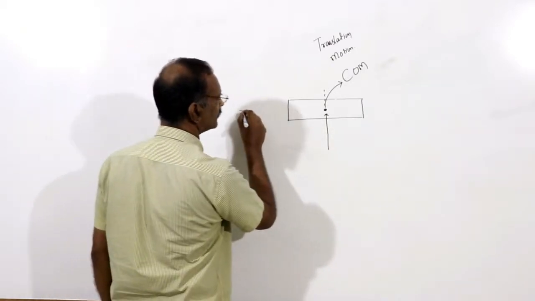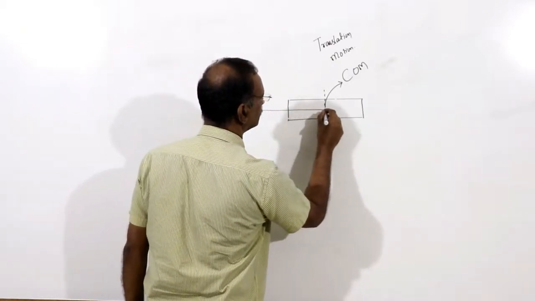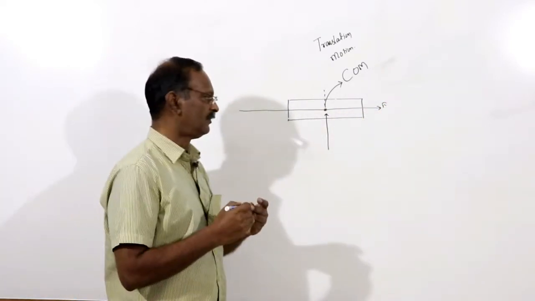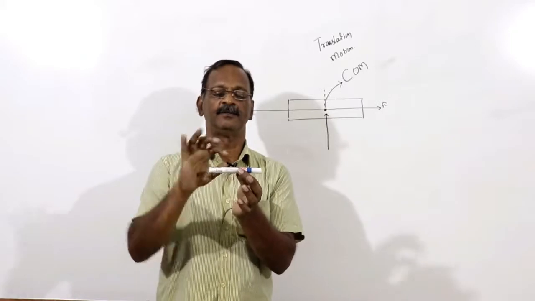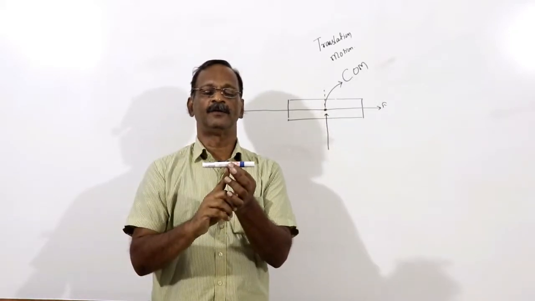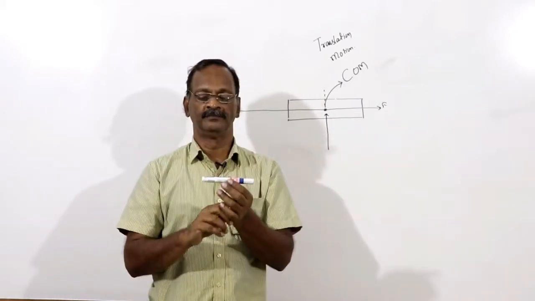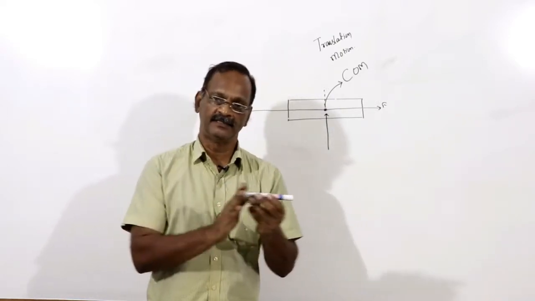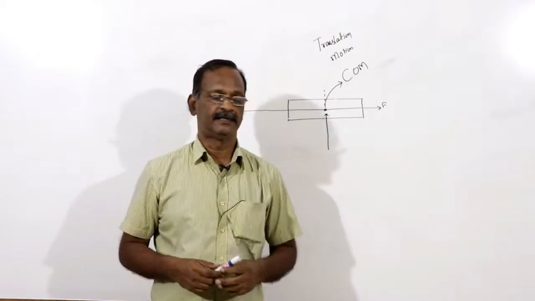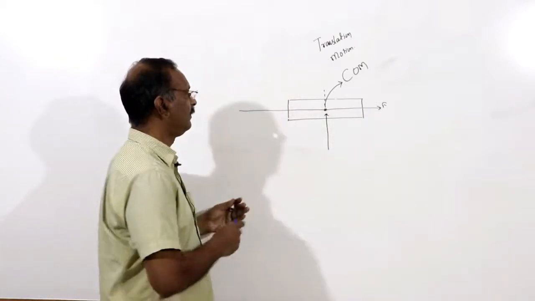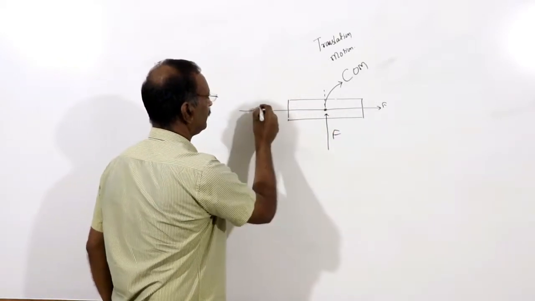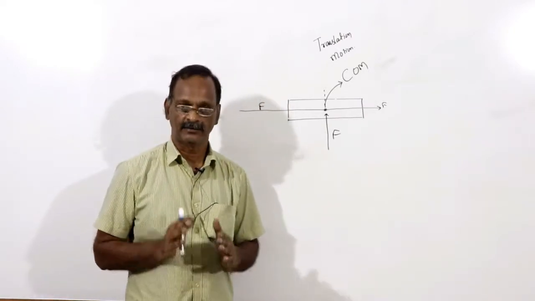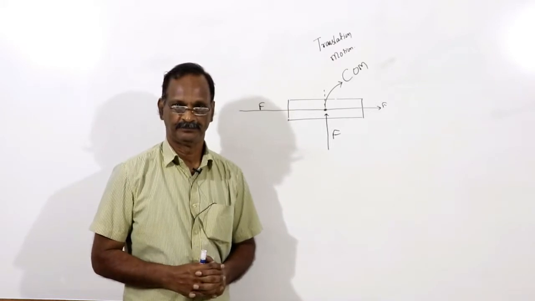Suppose you apply a force along the center of mass again, this body will move like this, exactly upward. Both are linear motion, in this direction and in this direction. It means if the force applied is in the line of the center of mass, the body will have translational motion.